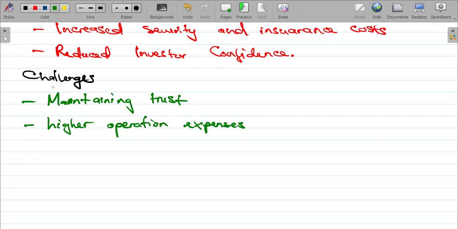So, decision for the business: what will the business do in order to overcome these challenges? What will the business do in order to get rid of these challenges? Right.